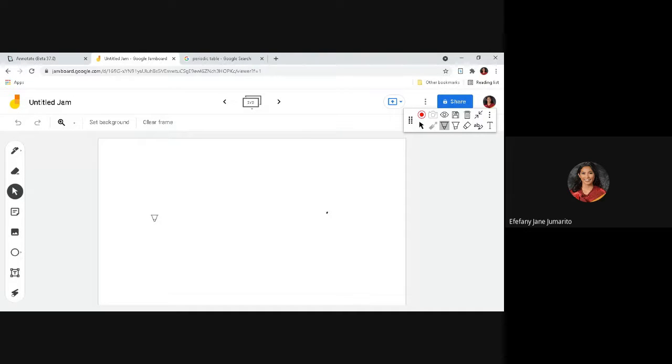We have another dish. Okay, and then we have 1, 2, 3. Okay, how do you name this one?